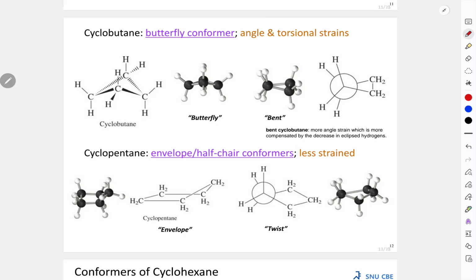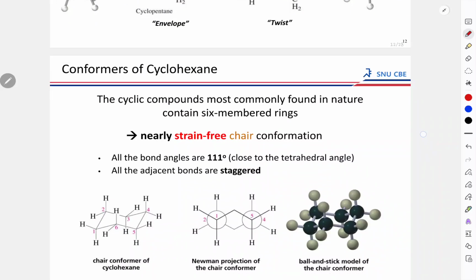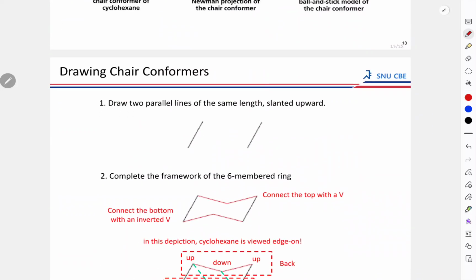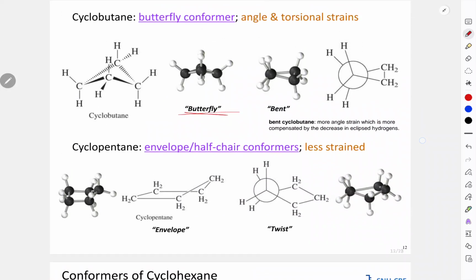And this is our example, the cyclobutane case upward, the cyclopentane case downward. This is one of the conformational states for cyclobutane, called the butterfly conformer. So you can draw this bent conformational state as well. And this is the Newman projection for the bent conformational state. They still have angle and torsional strain, which you can perhaps identify.